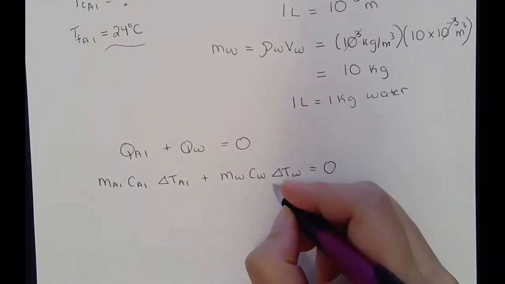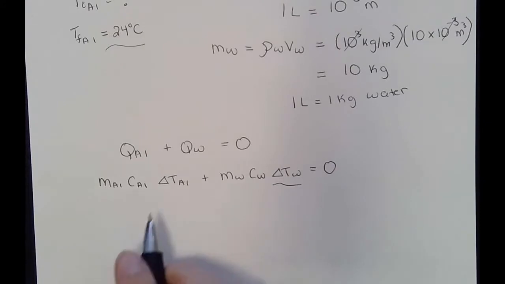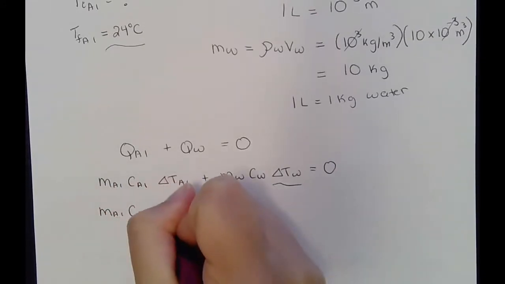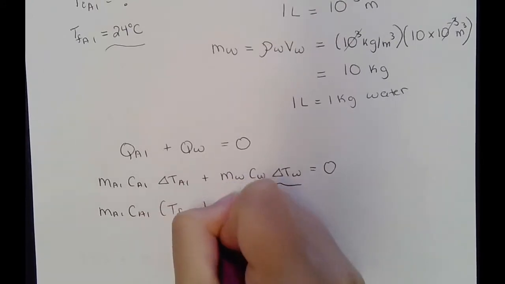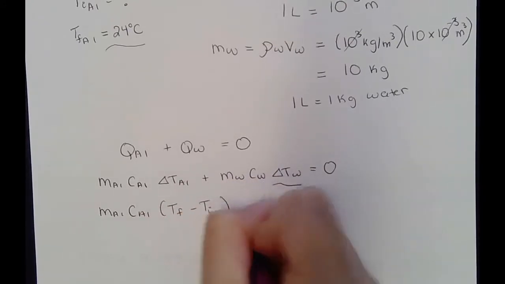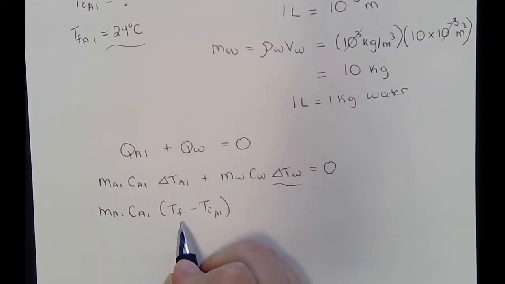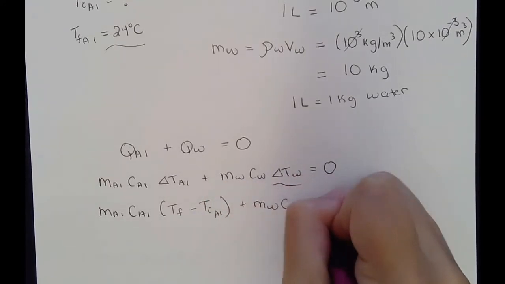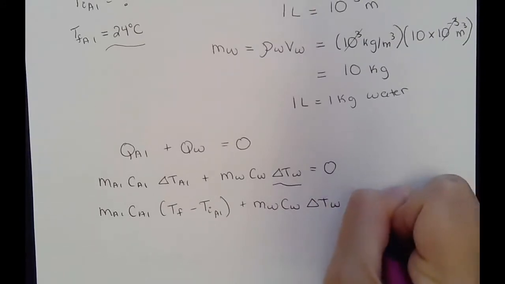I'm going to leave the water term together since we know it's 4 degrees, but I'll split up this one. So M aluminum, C aluminum, T final minus T initial aluminum. I usually don't put a subscript on the final temperature just because it is the same for everything. So M water, C water, delta T water equals 0.